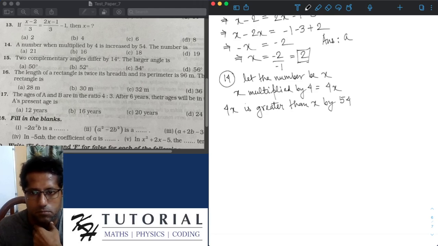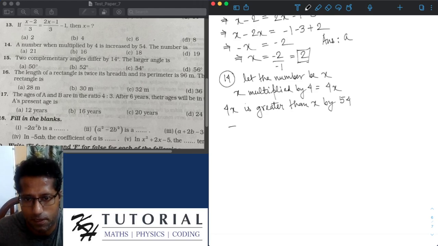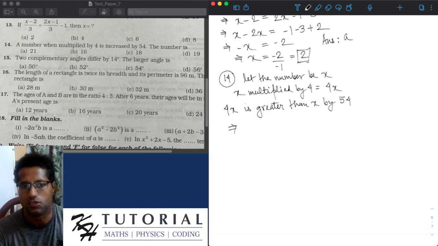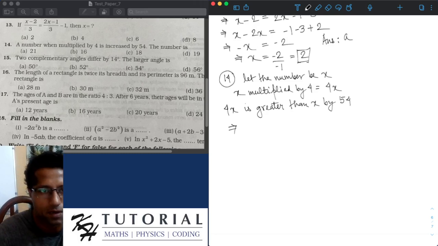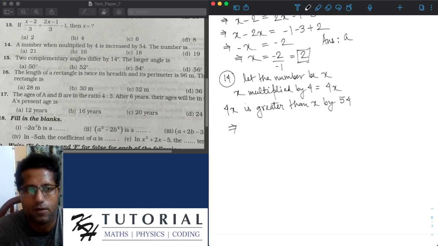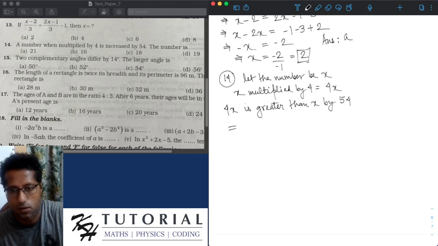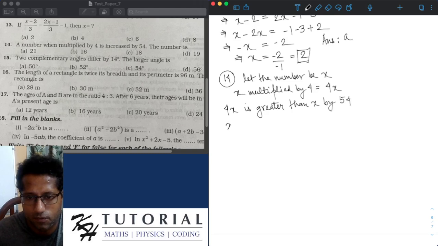So this implies, if we translate the fact that the original number x got increased by 54 when it was multiplied by 4. So okay, let's do one thing. x was the original number, x increased by 54 equals x plus 54.